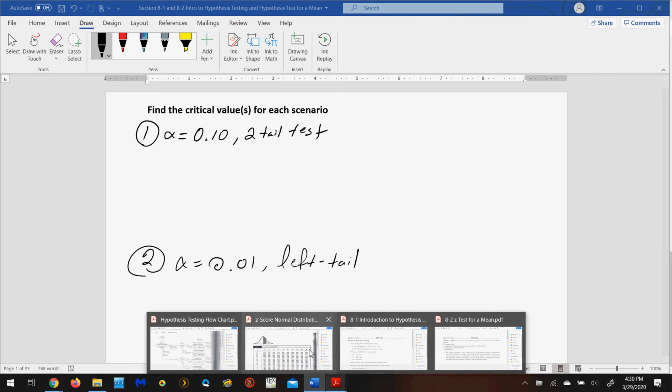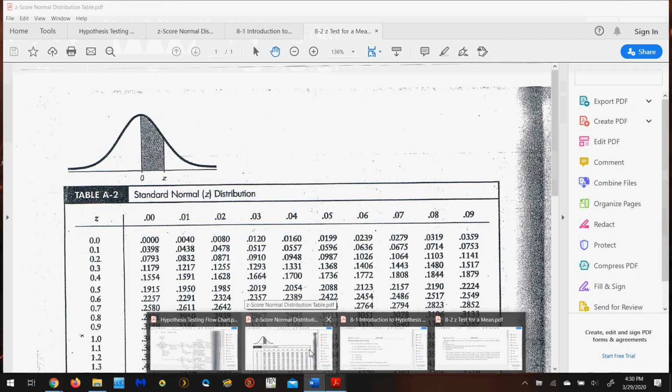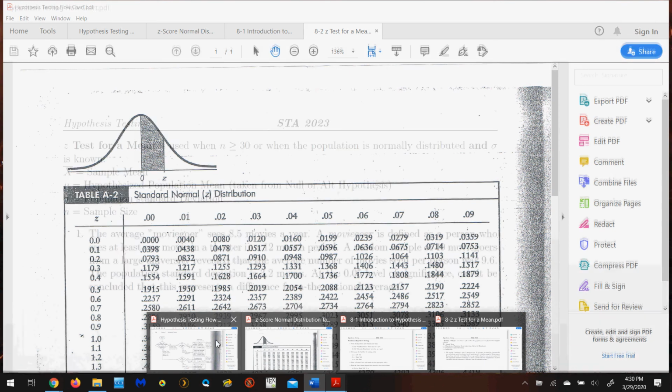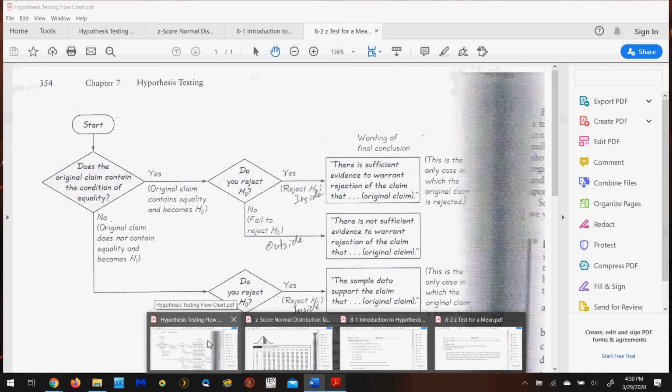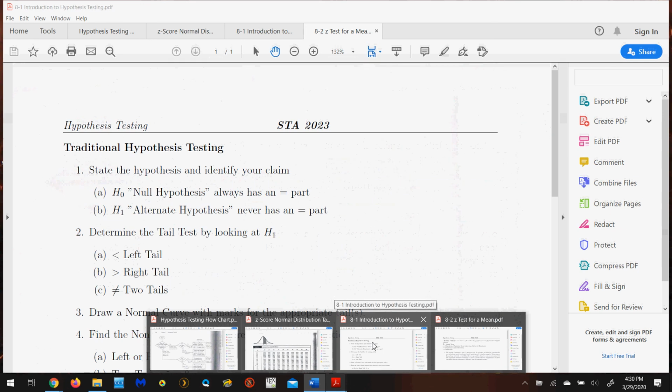Also, you're going to need the z-score distribution table. You're going to need this, which is called the hypothesis test flow chart. You're going to need this, which can be found underneath, I believe, lesson examples.